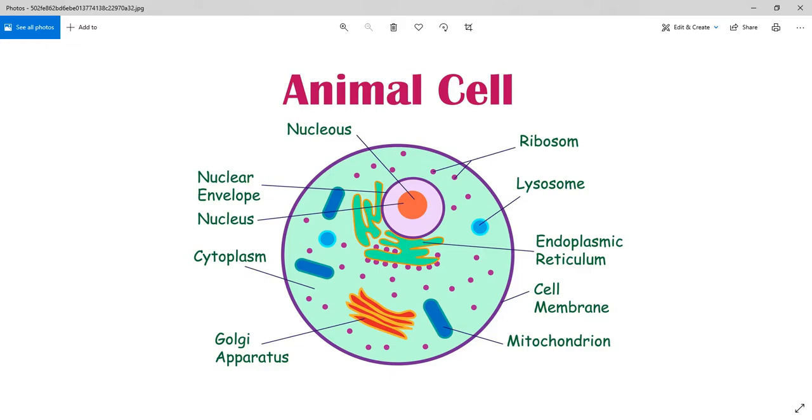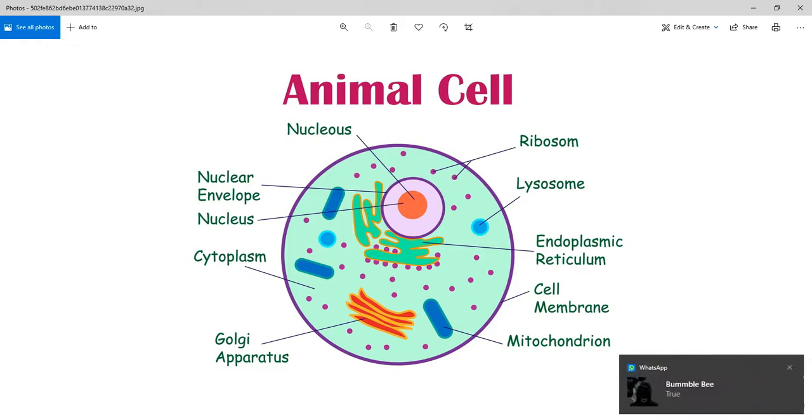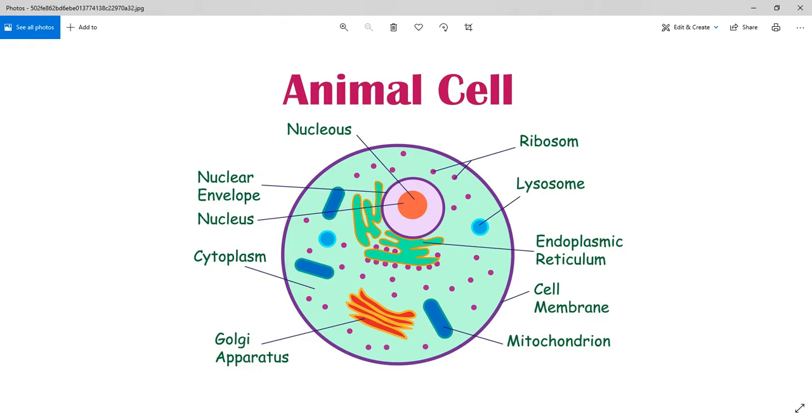Now mitochondria all together, we call them mitochondria, but when we are referring to one, we call it a mitochondrion. The mitochondrion provides power for the cell, and the nucleus is where our DNA will be found.